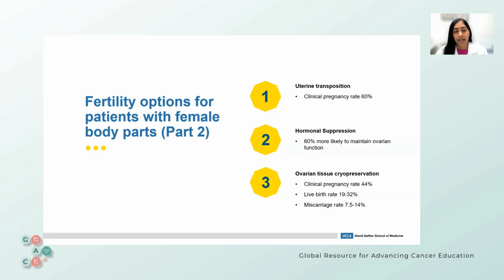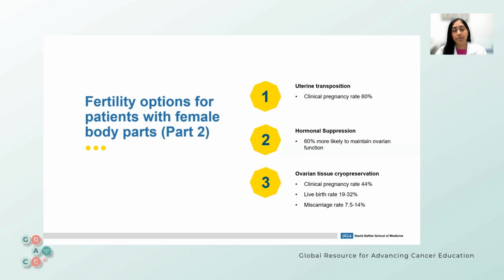Hormonal suppression is actually a fairly commonly practiced fertility preservation option where when an individual is about to undergo systemic chemotherapy or systemic treatments, they're treated with a hormonal agent that actually puts their ovaries on pause, essentially.